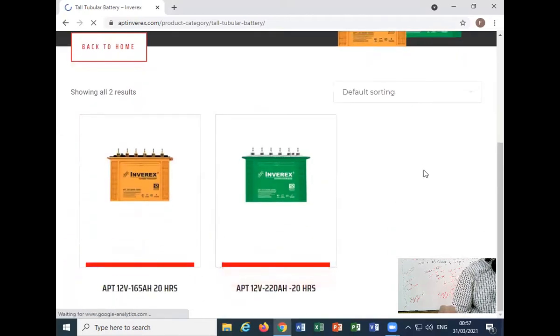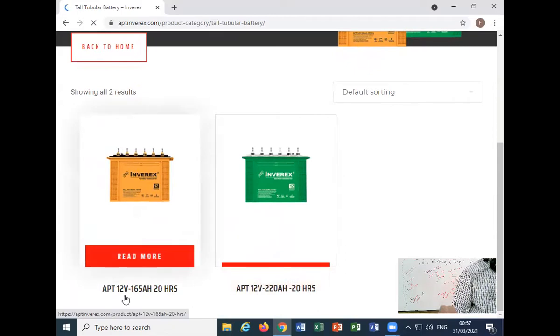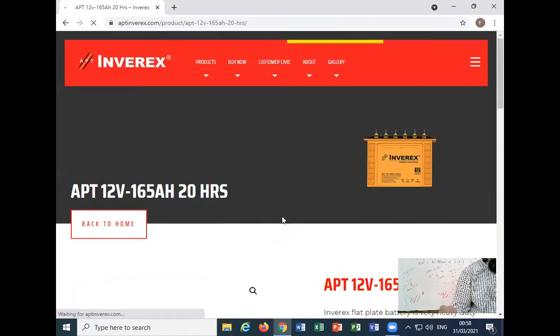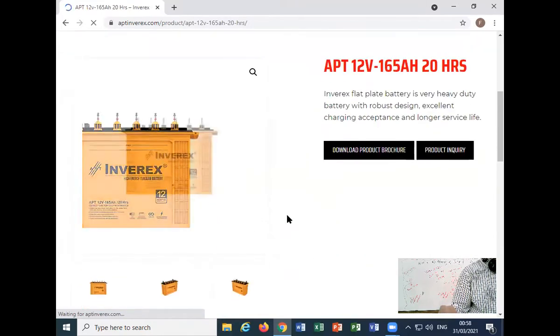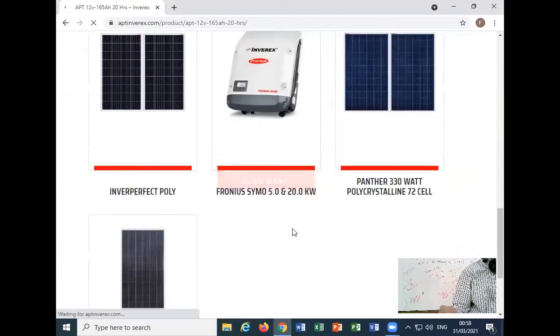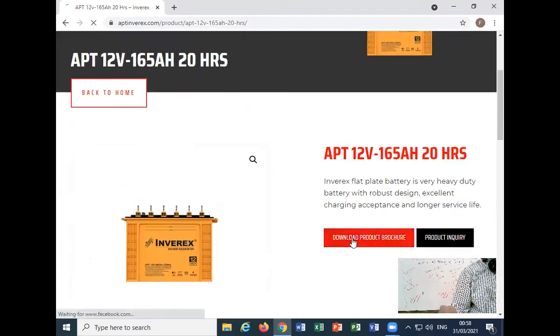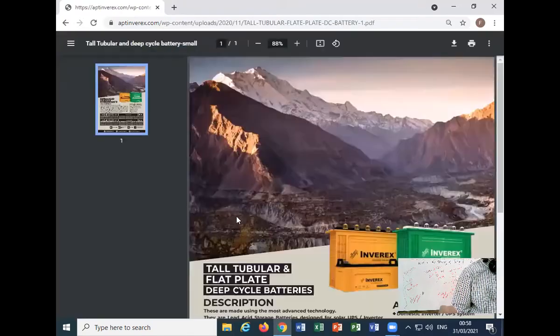So it is providing two batteries in the market. Now look, 12 volt, 165 ampere hour and 20 hours. I just told you what is meant by 20 hours. Let's read more about this battery. Okay, this is the description. Let us download this product brochure.